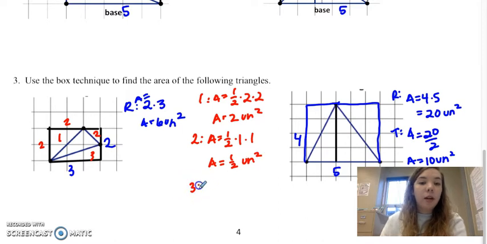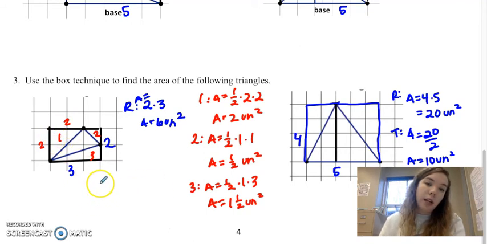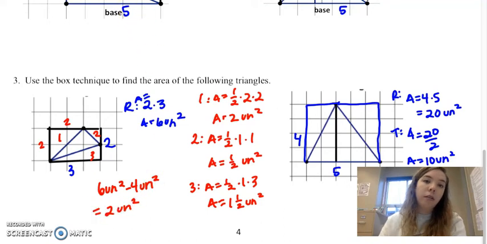And for triangle 3, I have 1/2 times 1 times 3, which is 1.5. So then if you add those up, in total you'd have 4 units. So you would take your 6 units squared minus 4 units squared equals 2 units squared. Okay, this is now the area of this triangle in yellow here. That's how we found that.